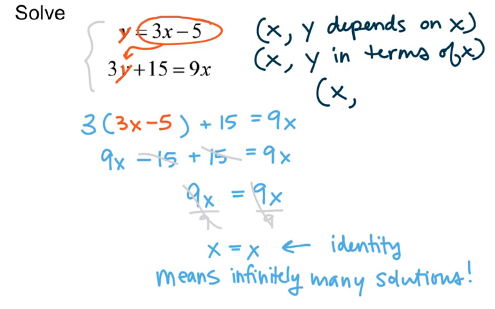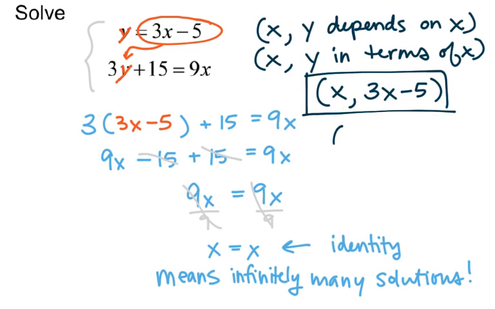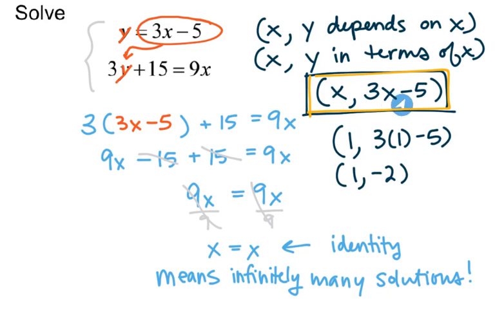My dependent solution would be that I choose some x and my y value is found by calculating 3x minus 5. So that would mean if I chose x to be 1, my y value would be 3 times 1 minus 5 or negative 2. That would give me a point on the line. So my dependent solution is found by writing my y value in terms of x. So I could pick any x, but the y value is dependent on that.